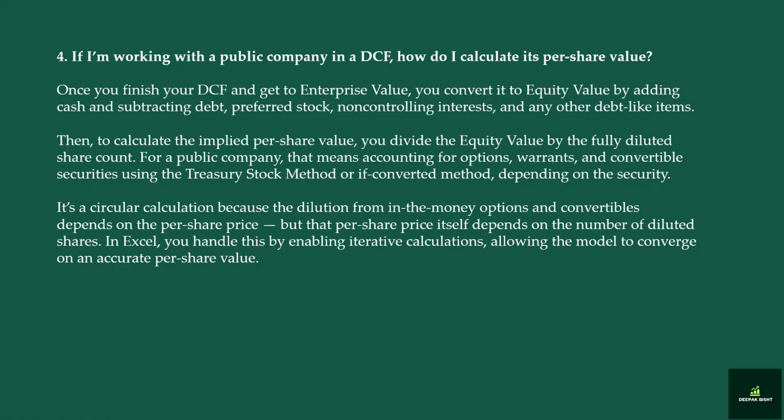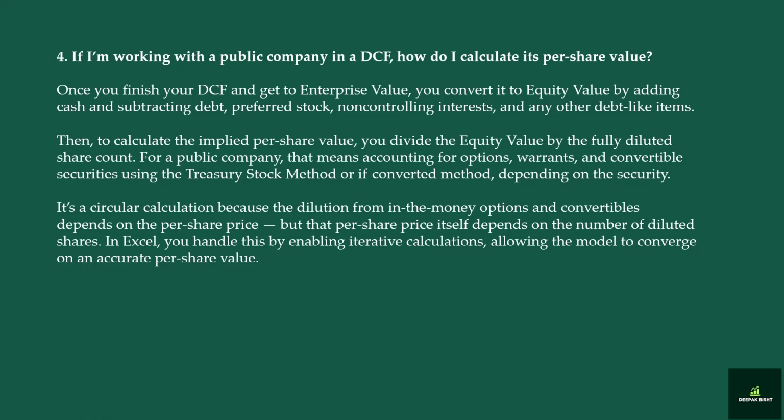After that, move to implied share value. To do that correctly, you divide equity value by the fully diluted number of shares. Calculating the fully diluted number of shares could be complex because it depends on the capital structure and the company's outstanding convertible instruments that you have to consider.